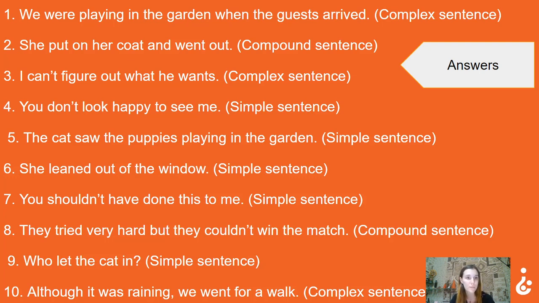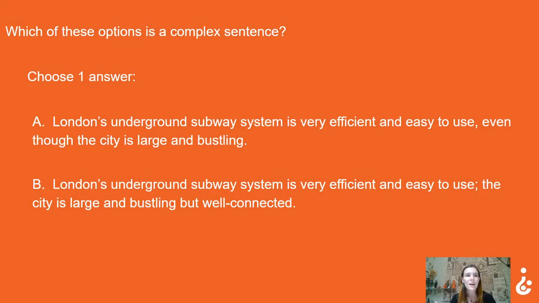Simple sentence. She leaned out of the window. Simple sentence. You shouldn't have done this to me. Simple sentence. They tried very hard, but they couldn't win the match. Compound sentence. Who let the cat in? Simple sentence. Although it was raining, we went for a walk. Complex sentence. Okay, very good.